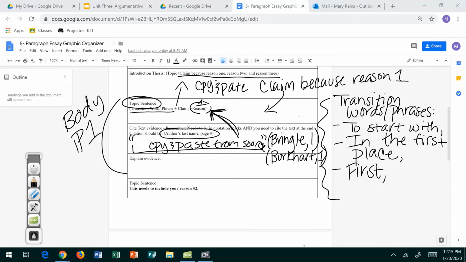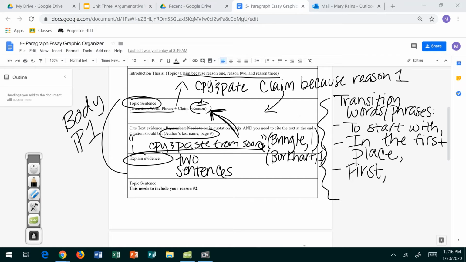The very last thing for the first body paragraph would be the explain evidence. So now that you have written your claim plus reason one, and we know we're talking about this in the first place, or to start with, then you copy and paste your piece of information, you interject that, so that's your second sentence. You need to come up with 2 sentences down here explaining why that evidence supports your claim.